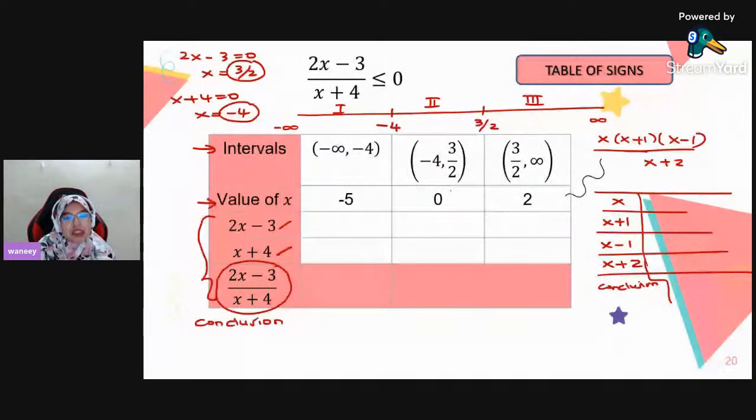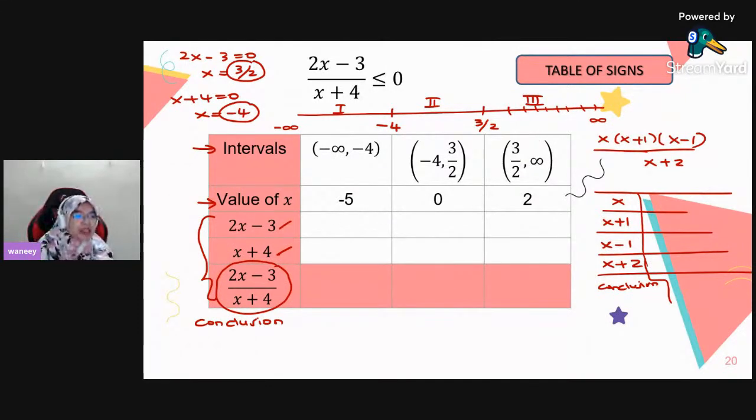So I choose the easiest one, which is 0. But if you don't want to use 0, you can use negative 1, 1. You can choose negative 2, negative 3 and so on. It doesn't really matter. So this one over here, 3 over 2 until infinity. So I'm choosing 2. If you don't want 2, you can choose any number yang berada dalam interval tu. Nak pilih 10 ke, 18 ke, 7 ke, lucky 7 kan, 7 ke. Ikut sukalah. Apa pun tak apa.